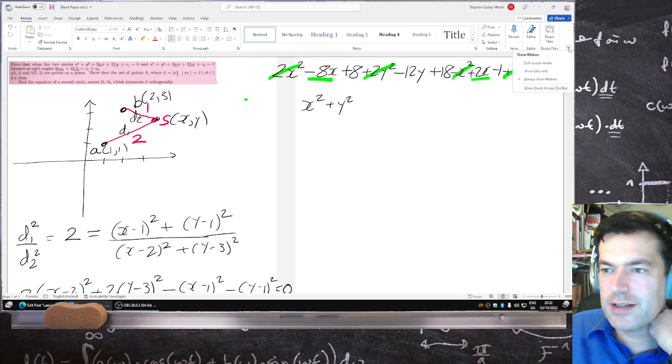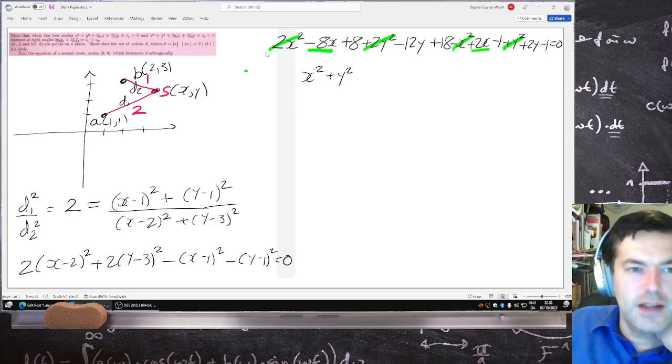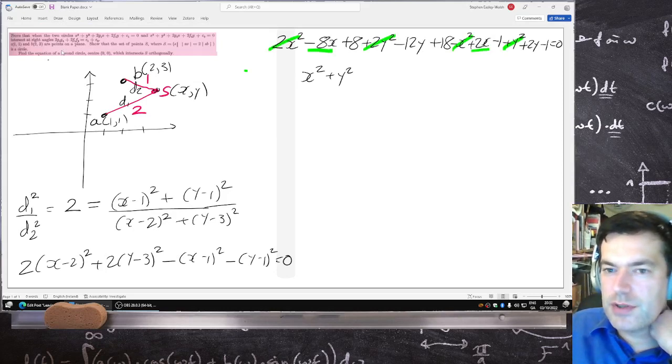It's stuck. Okay. Right. Minus 8 plus 2 is minus 6x, and then minus 12 plus 2 is minus 10y, and then we have 18 plus 8 is 26. 26 minus 1 is 25. I think I've gotten everything.